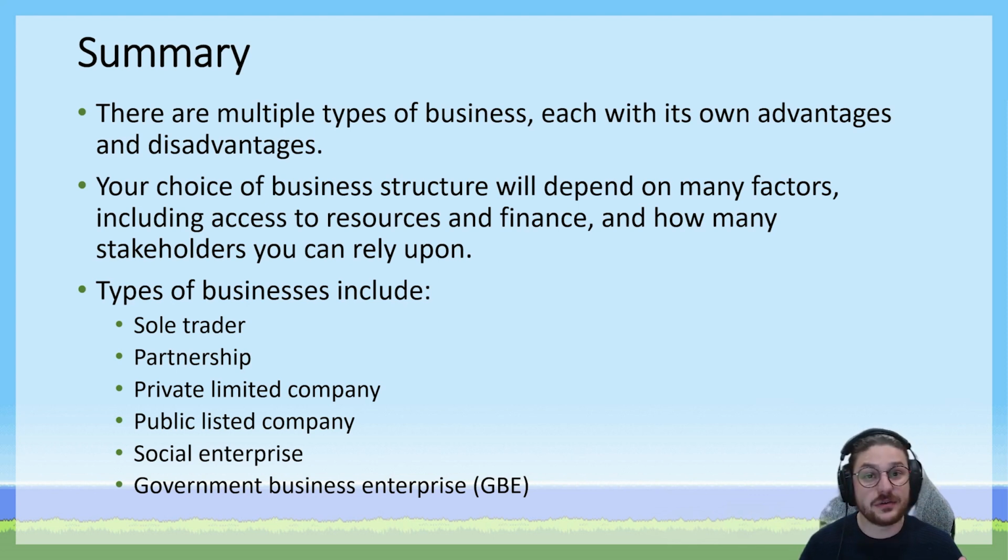You need to understand the advantages and disadvantages of a sole trader business before you make a decision to pursue that. But if unlimited liability is something you can live with, and knowing that you'll pay personal tax because of that unlimited liability, if that's all something you can live with, then a sole trader is going to be right for you.